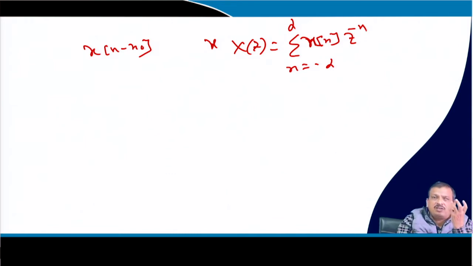Now I said x(n) is shifted, changed to n minus n0.